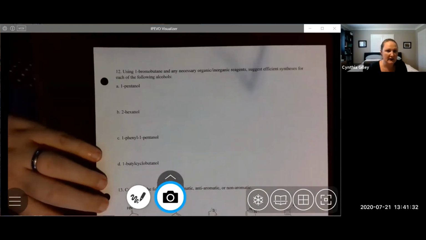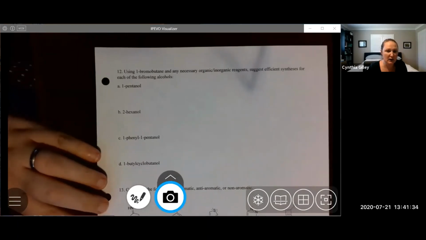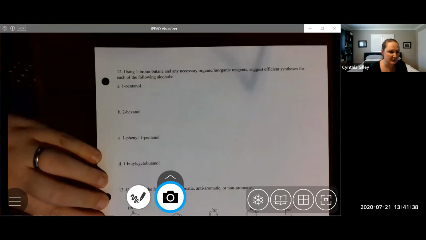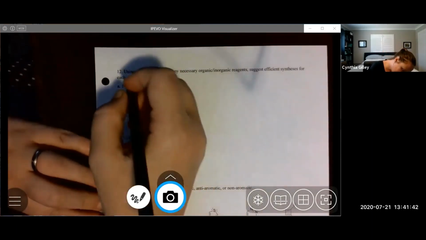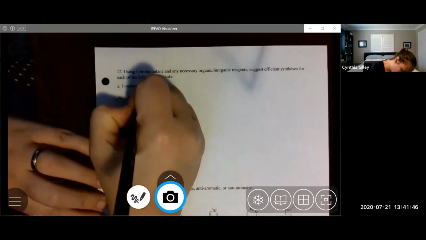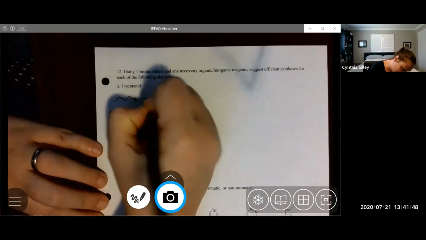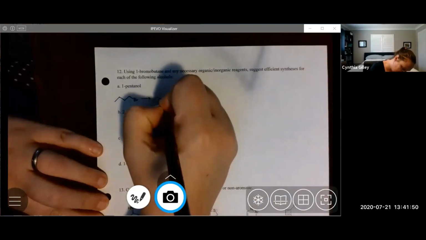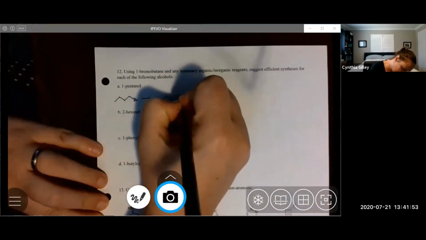Okay, so now the next part is using 1-bromobutane and any necessary organic or inorganic reagents, suggest an efficient synthesis for each of the following alcohols. So it looks like we have to start with 1-bromobutane, and we need to get to, for example, 1-pentanol.